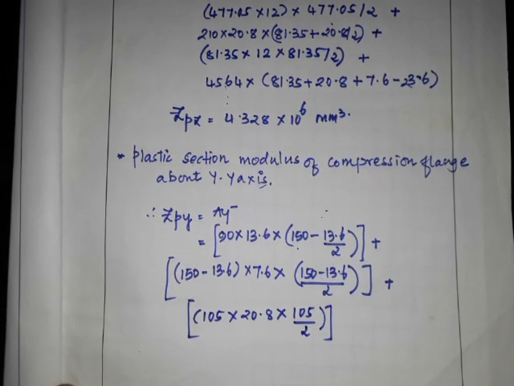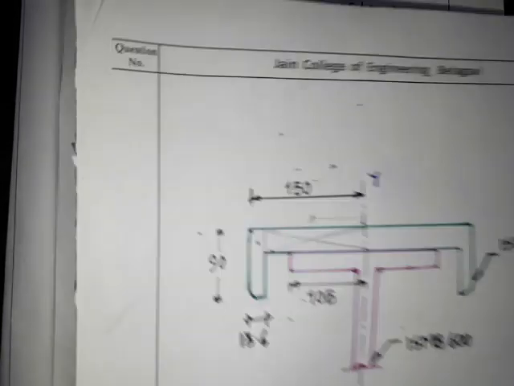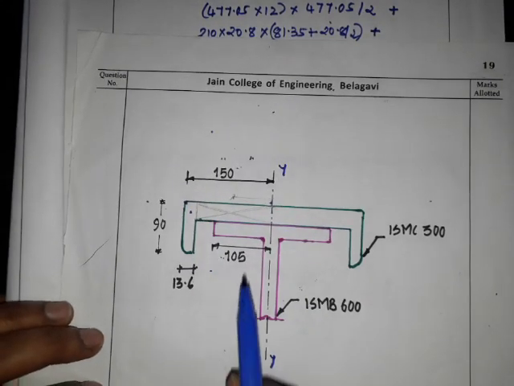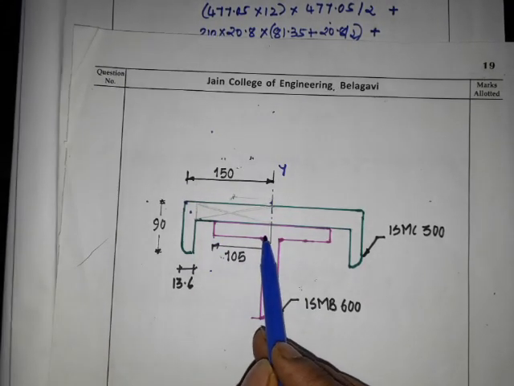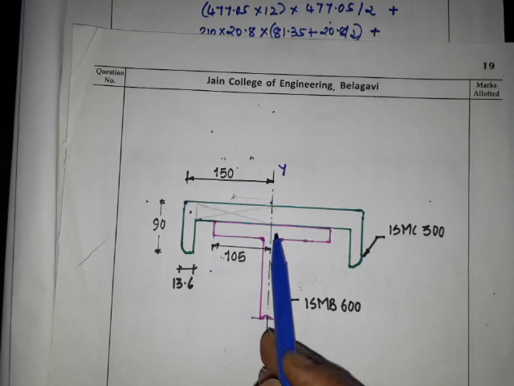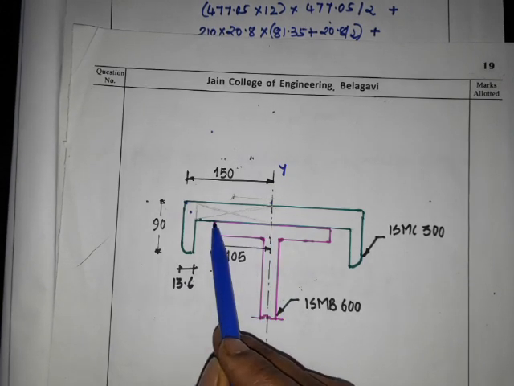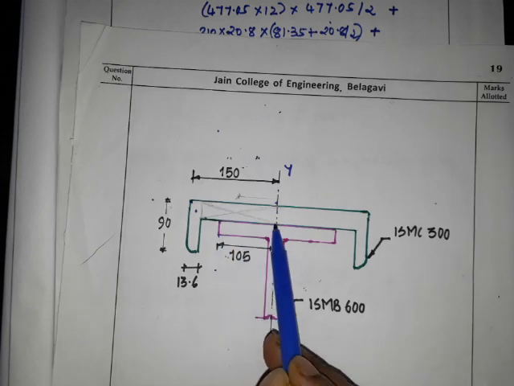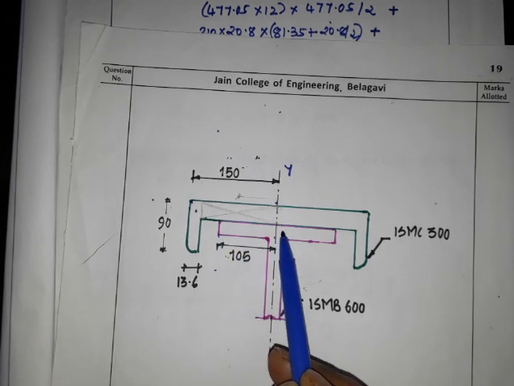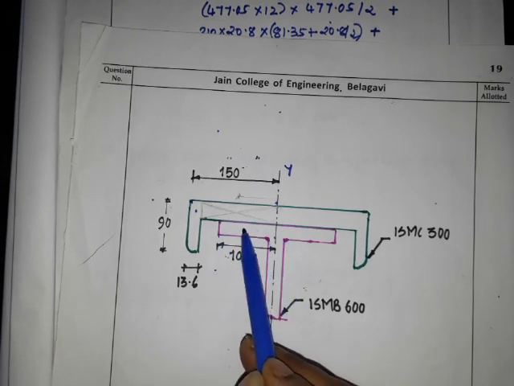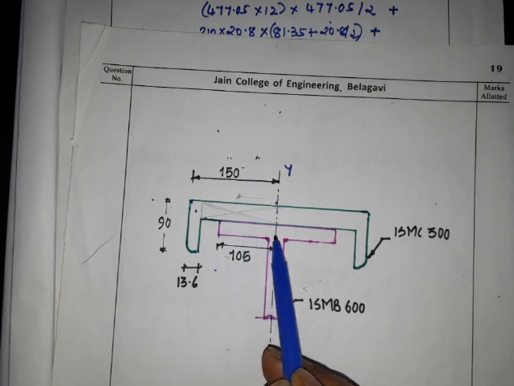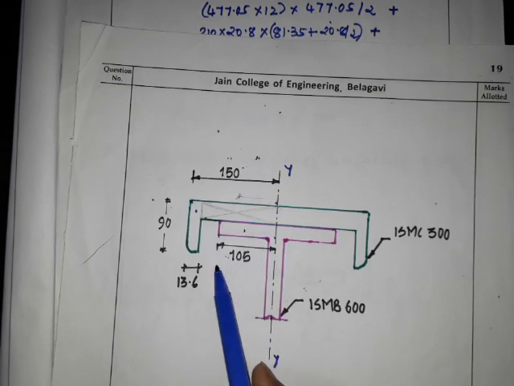So here, it is 105 from the center into 20.8. This is 105 into 20.8 into, again from the center. Where will its center be? From this center it is 105 divided by 2, somewhere here.